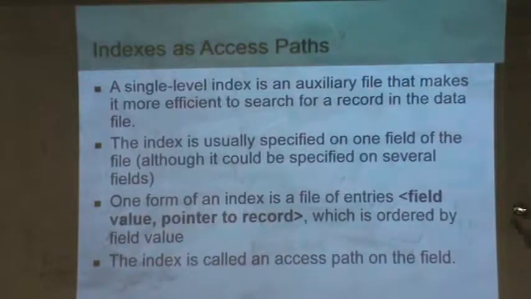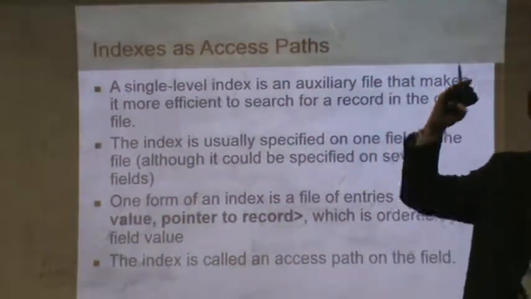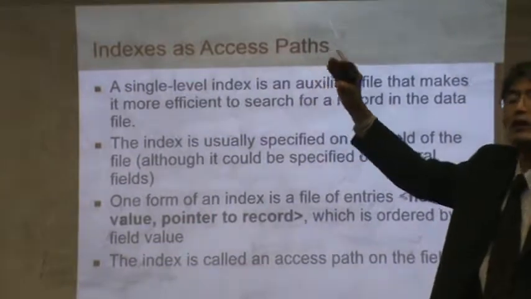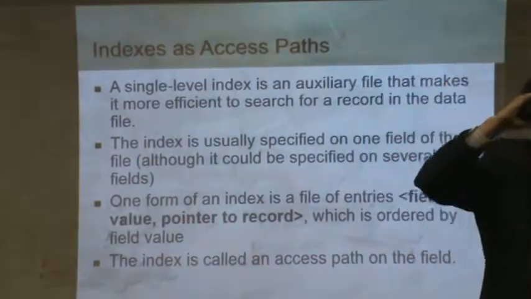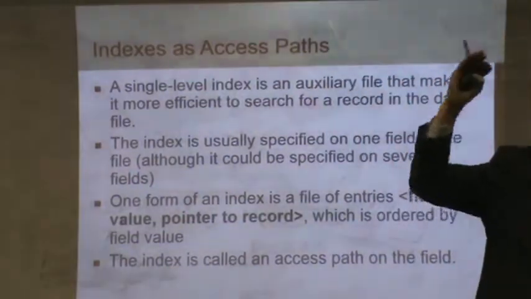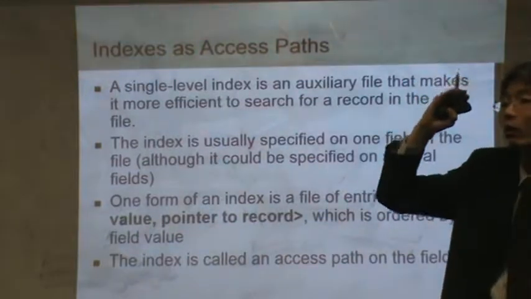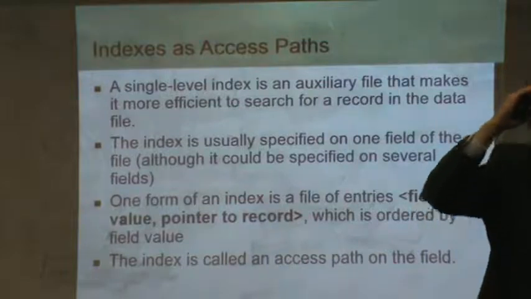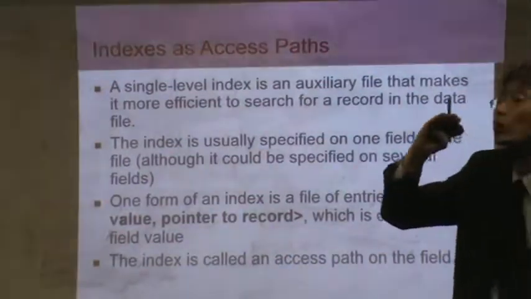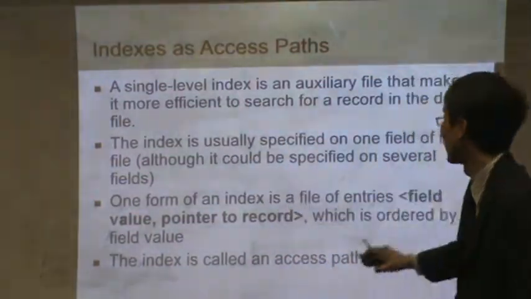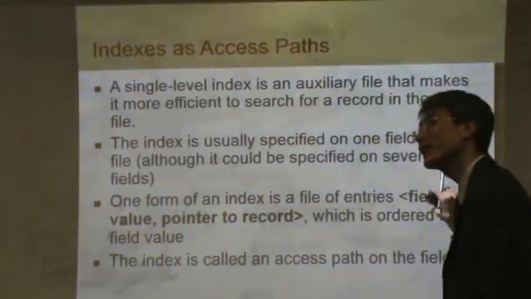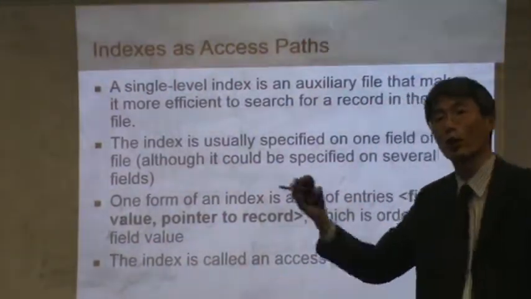So this is the basic item stored at the index structure, the index file. What is the basic item in the data file? It's record by record. Tuple by tuple will be stored in the data file. What about the index? The index will have the index key entry instead of the record.